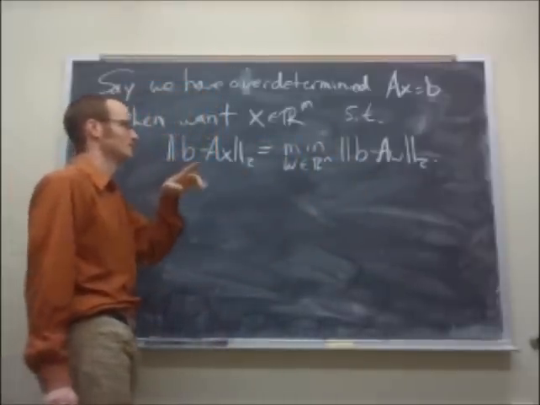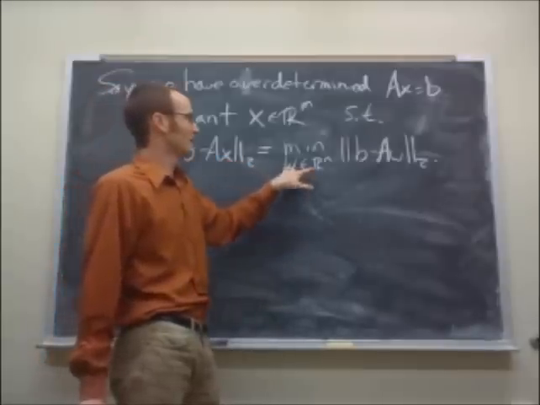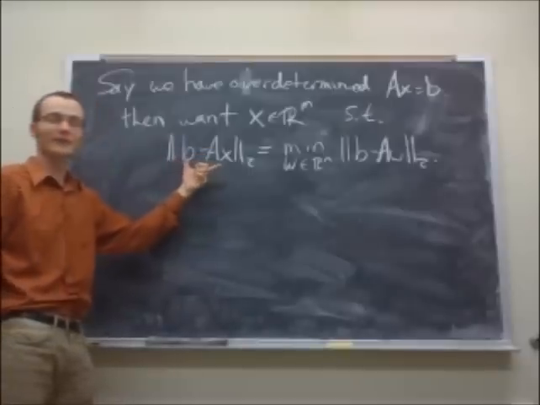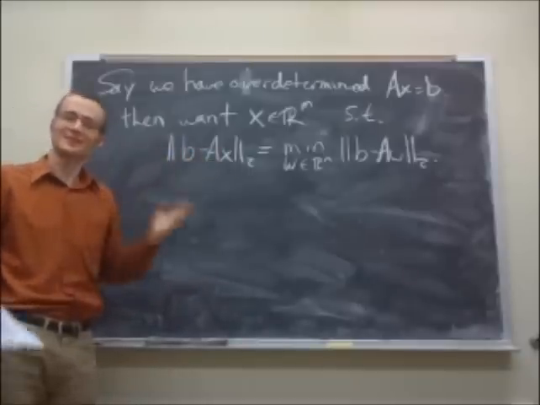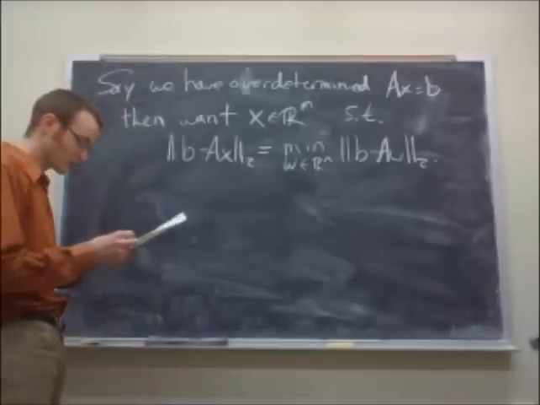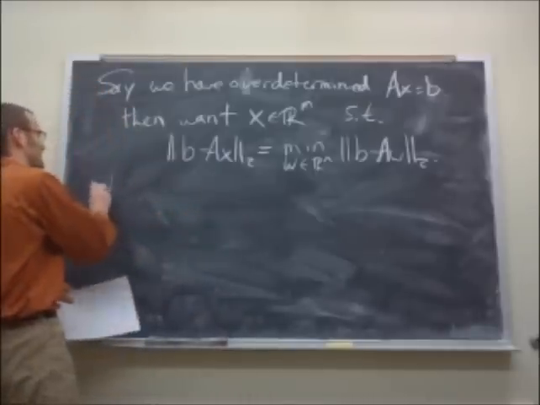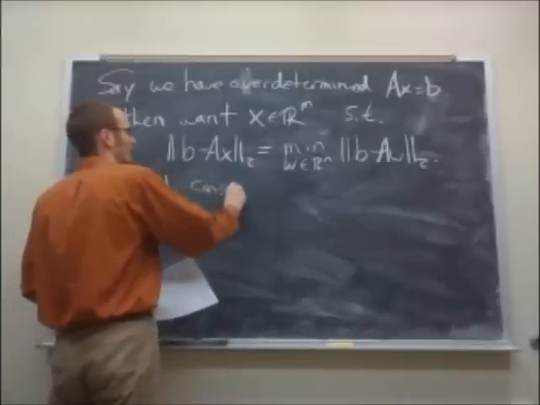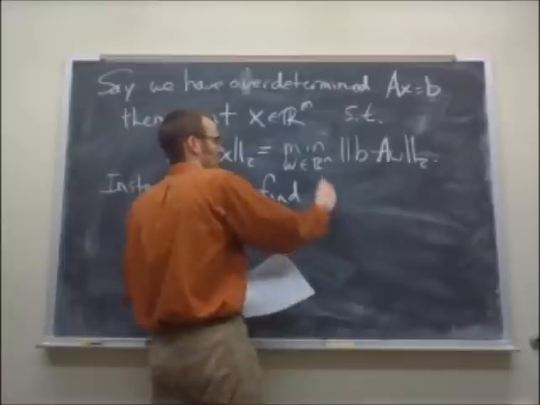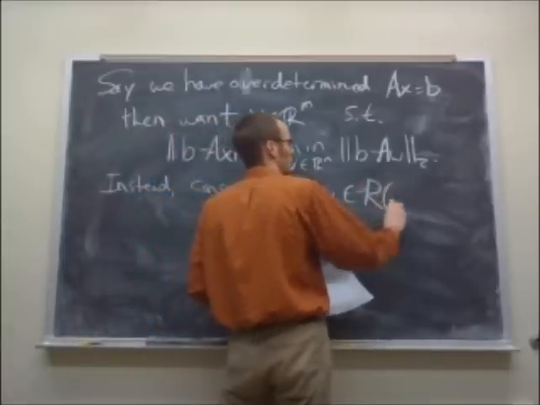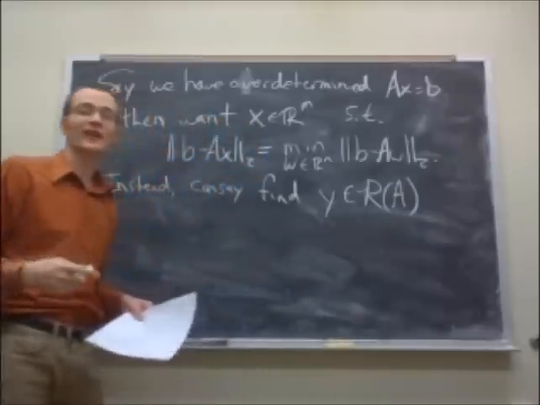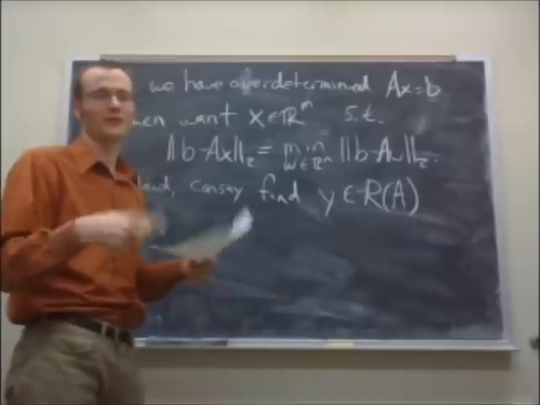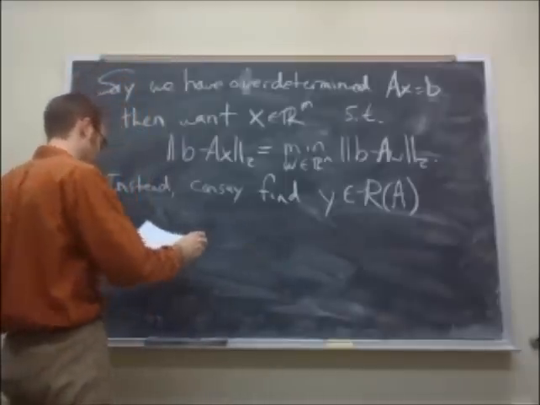And so if we're taking the minimum, this is the smallest that this quantity can get. We're saying we solve it if we can find x that makes it the smallest. This makes sense. But there's another way to say this. Instead, we can say that we want to find y in the range of A. Remember, the range of A is the things you can get out of the operator A. I'll show you in a second.